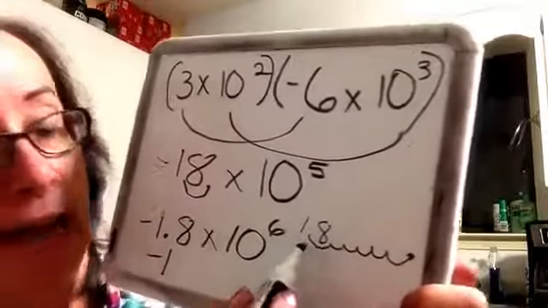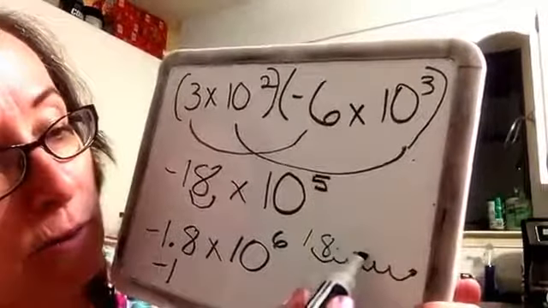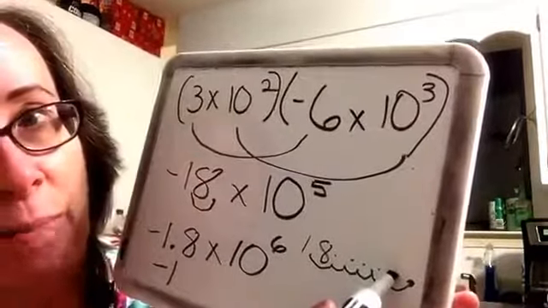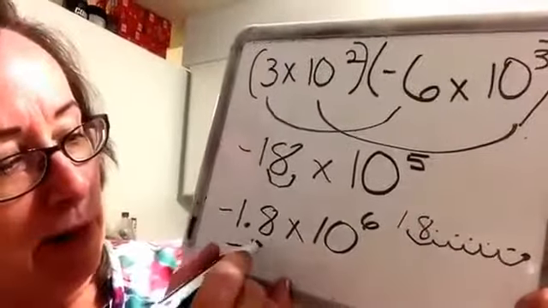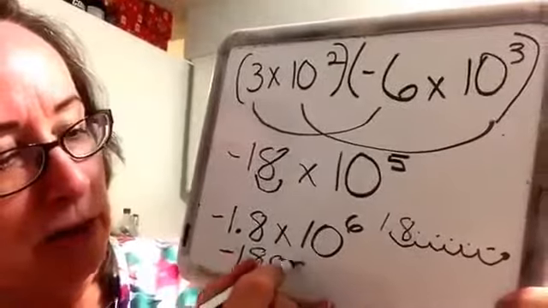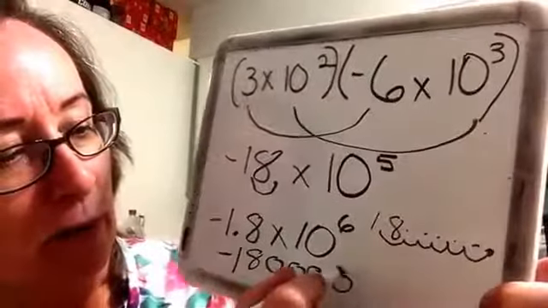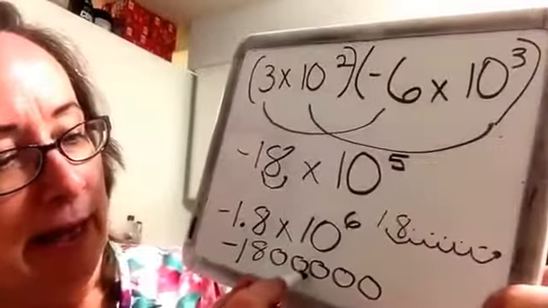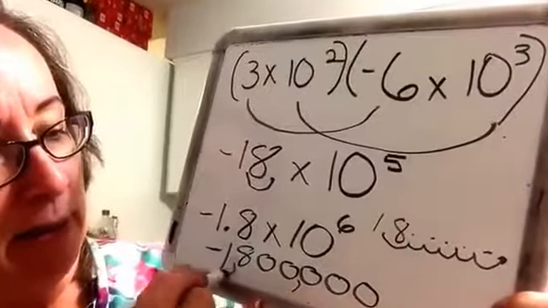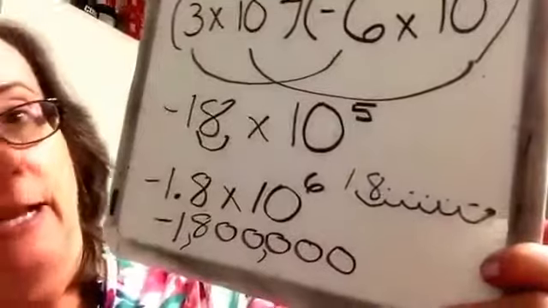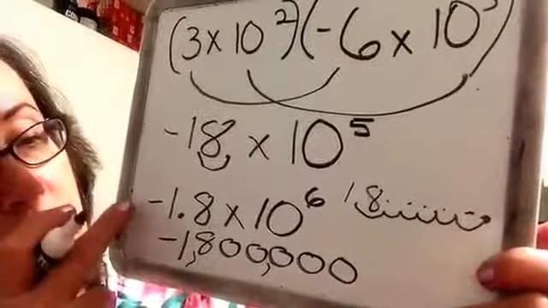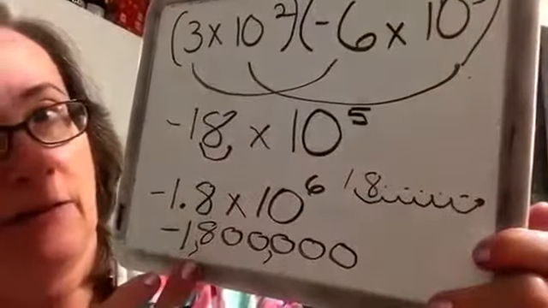So since I have 1, 2, 3, 4, 5 spots, I'm going to have 5 zeros. So negative 1, 8, 1, 2, 3, 4, 5. And we can put commas in there to clarify, and that is the correct answer for that one. So both scientific and standard form is correct there.